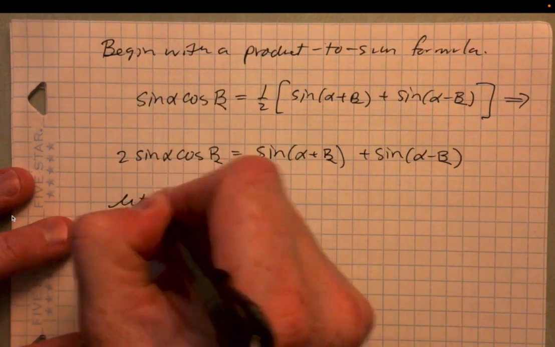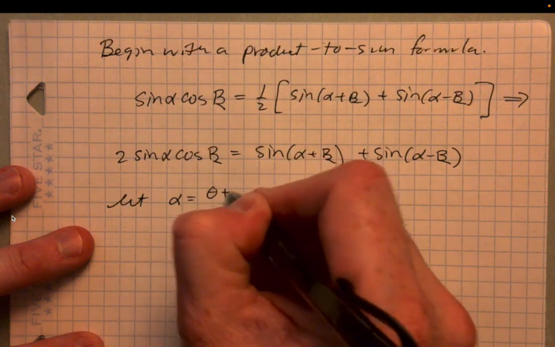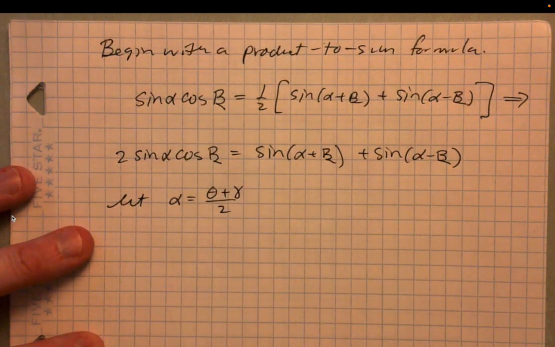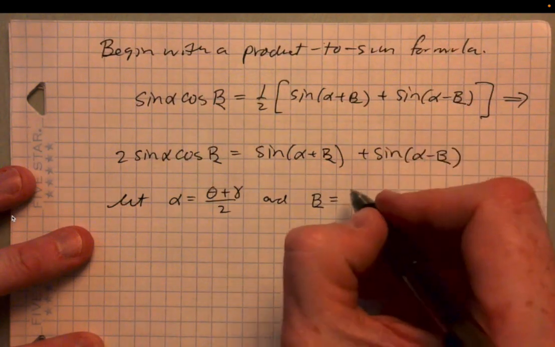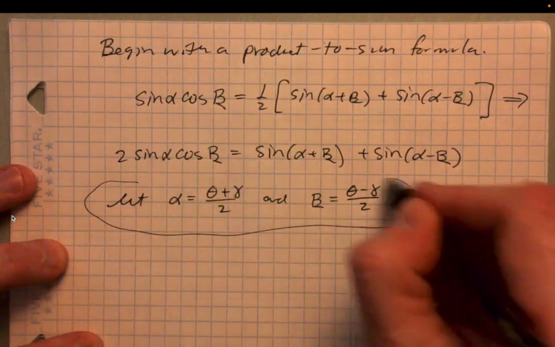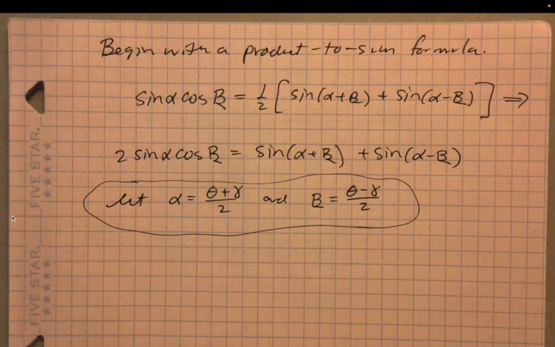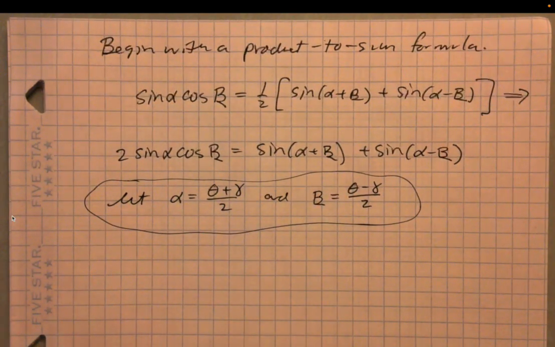Let alpha equal theta plus gamma over 2, and we'll let beta equal theta minus gamma over 2. And so we can plug this substitution in throughout the expression.